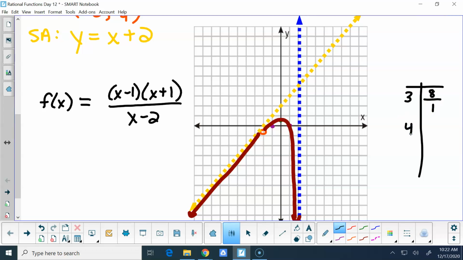If I do 4, 4 minus 1 is 3. 4 plus 1 is 5. 3 times 5 is 15. 4 minus 2 is... 5. 5 minus 1 is 4. 5 plus 1 is 6. 4 times 6 is 24. 5 minus 2 is 3, so that's 8 again.